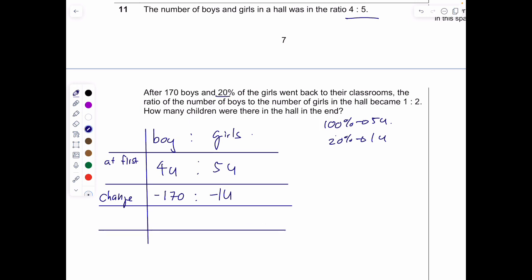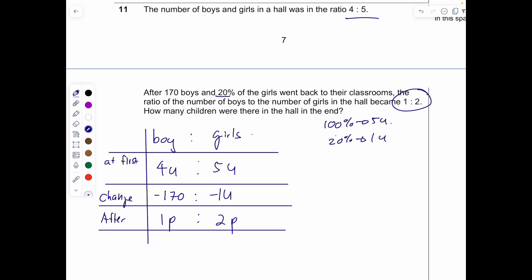Then after that, you would realize that there is a new ratio. So for this new ratio, we don't use units anymore. We use parts to denote that it's a different ratio altogether. So the number of boys became 1 part and the number of girls became 2 parts.